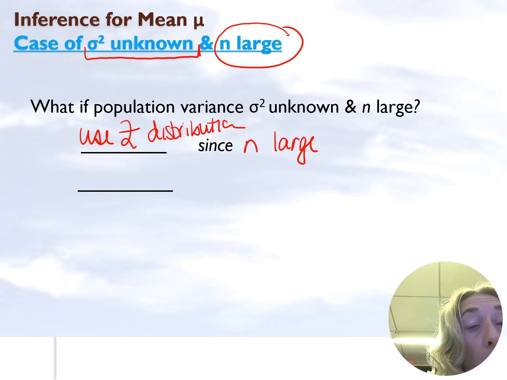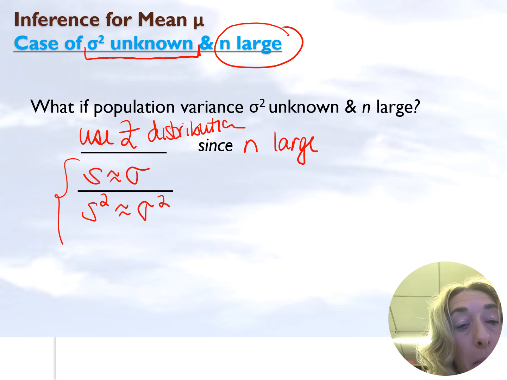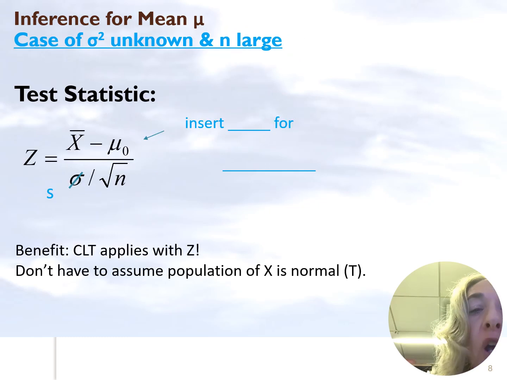When N is large, S becomes a very good estimator of sigma. Or another way to state that, S squared becomes a very good estimator of sigma squared, meaning that the sample values become very good estimators for the population values. So in this case, like I said, we can go back to using Z.